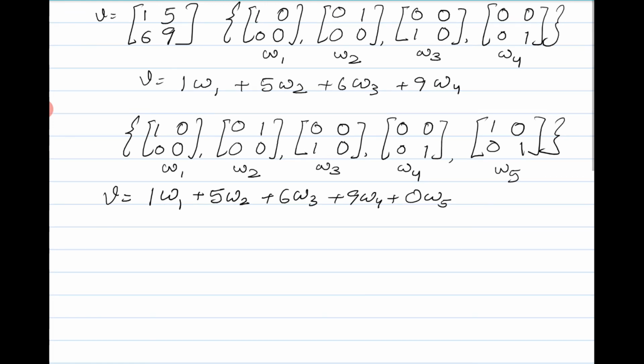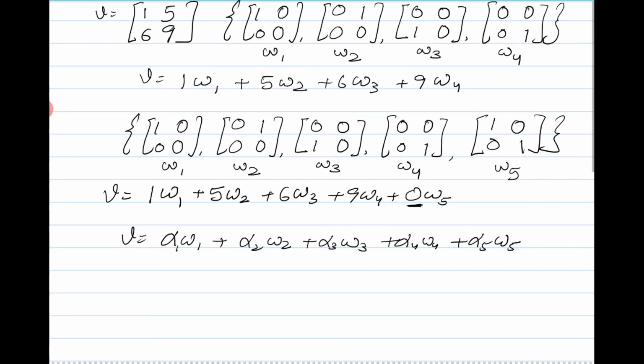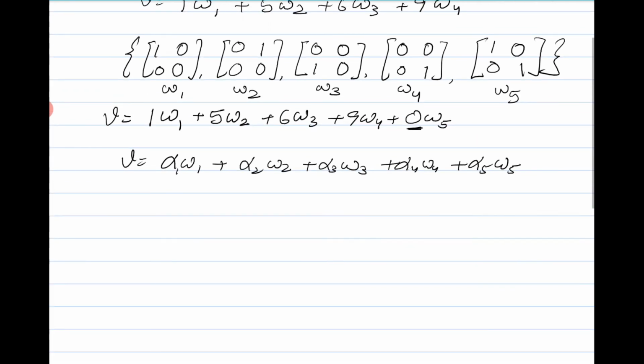But what if you want this value to be non-zero? Essentially solve for a set of simultaneous equations. So I'll express V as alpha 1 W1 plus alpha 2 W2, alpha 3 W3, alpha 4 W4, alpha 5 W5.